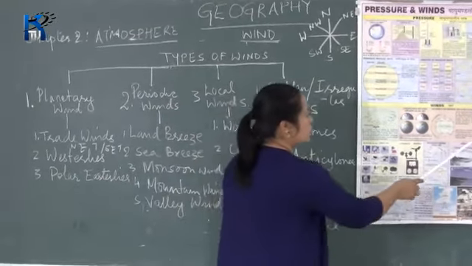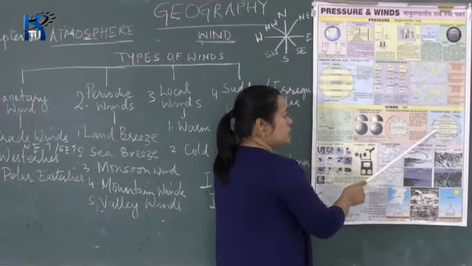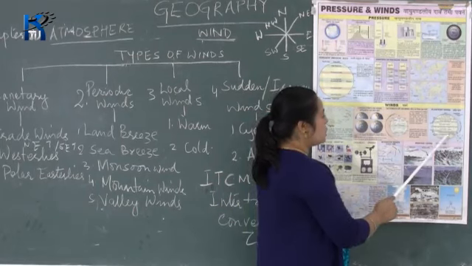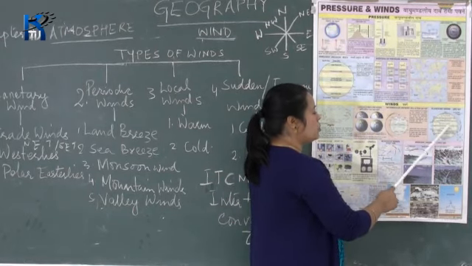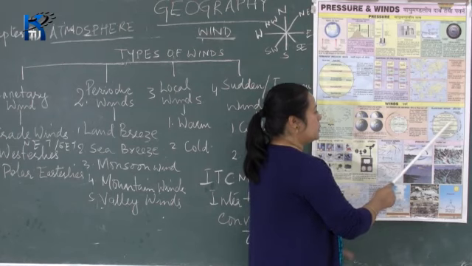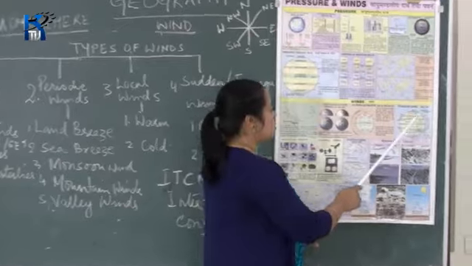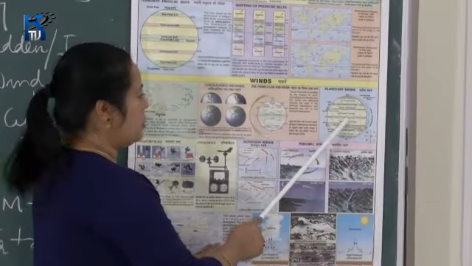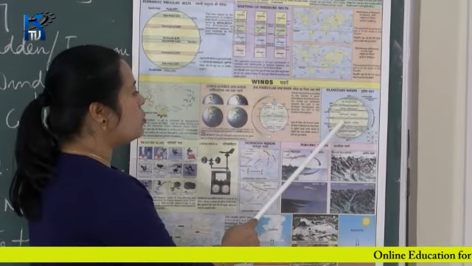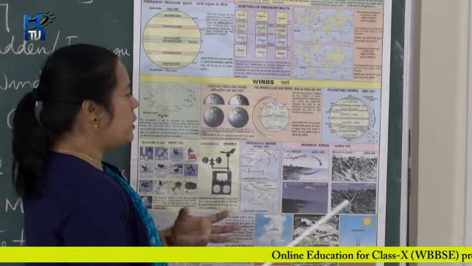This equatorial low pressure center is known as the intertropical convergence zone because northeast trade winds and southeast trade winds converge here. And in the northern hemisphere, they move inshore. That is why they bring rain. In the western part, they move offshore, that is why they cannot bring rain.